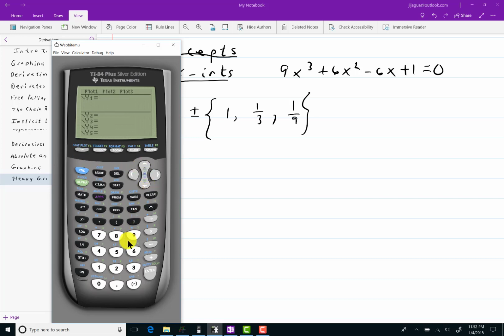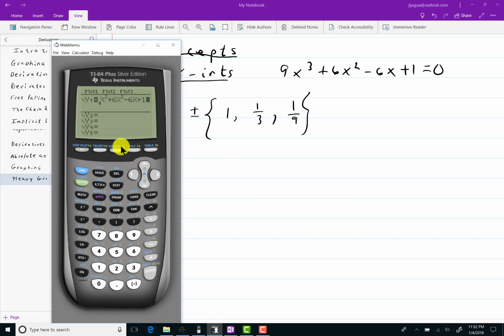So let's go ahead and put it in here. 9x cubed, don't forget to come on down from there, plus 6x squared, minus 6x, plus 1.